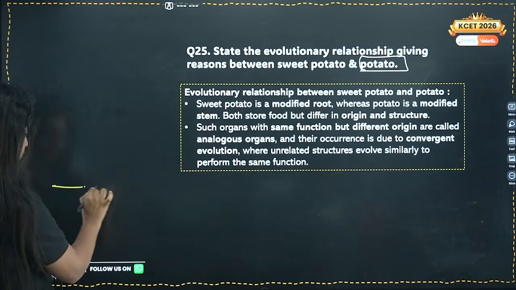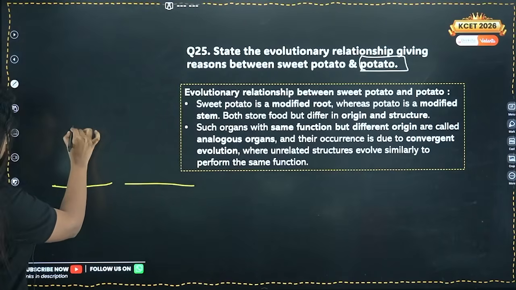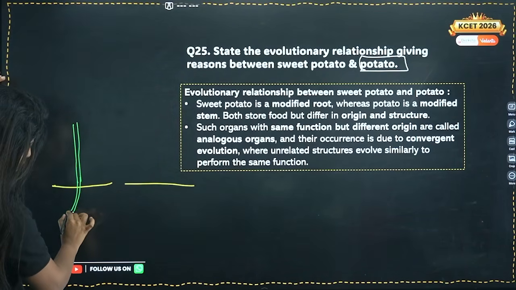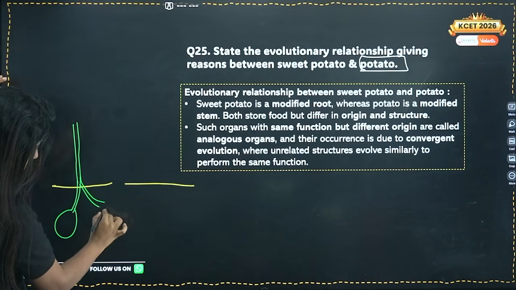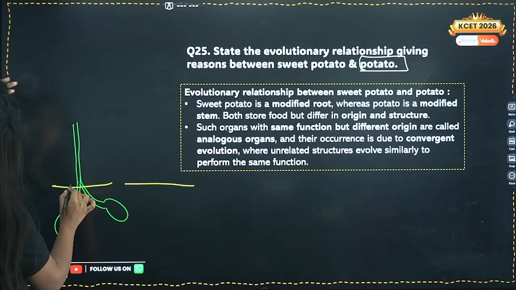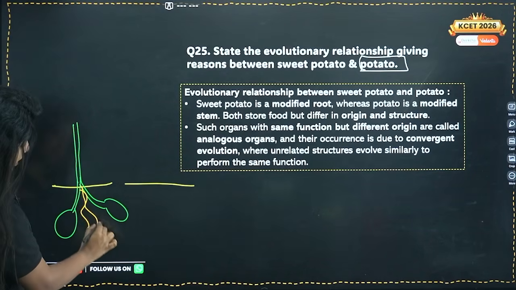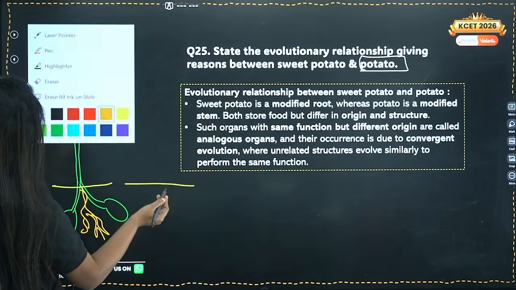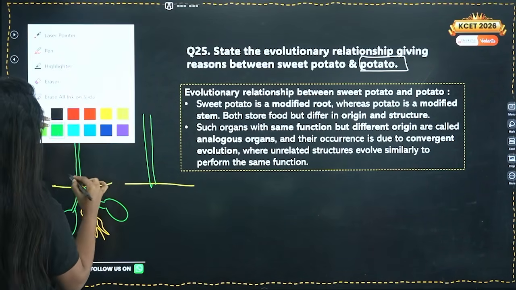So we have 2 plants. And this plant, the stem of it goes down underground and basically forms some storage units like this. And do not be worried, it has its own root also. It has its own root as well. Now there is another plant, obviously 2 plants, and over here you have the roots.